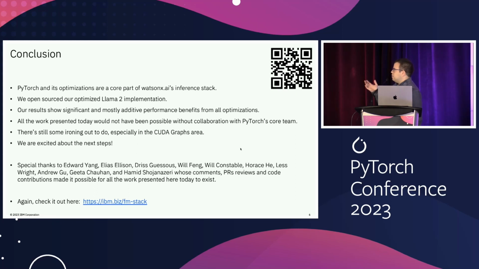And that's why we open sourced our implementation. We also showed that if you are careful in designing your models, you can add performance from different optimizations, although it takes some work to make sure everything works together, which is this whole composability theme.